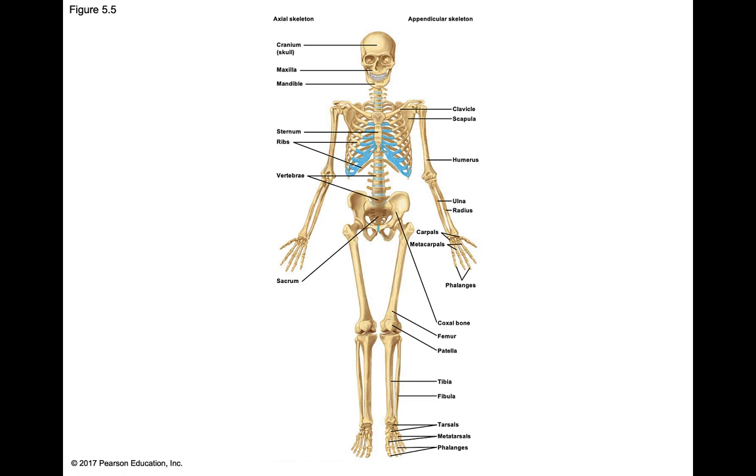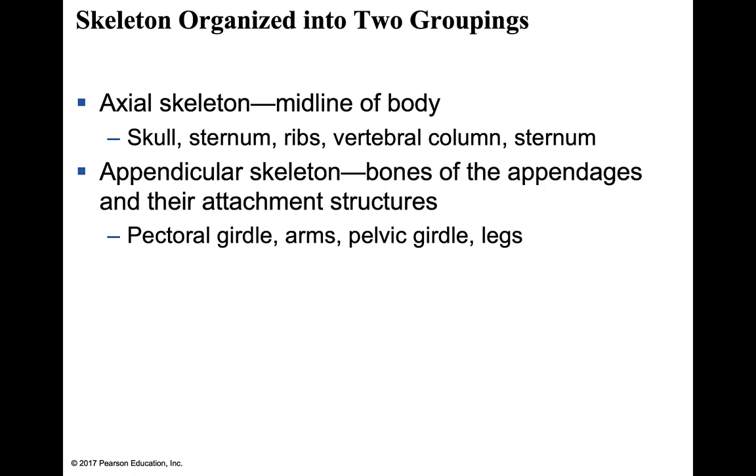And the list I would use would be here. You should be able to identify these bones as either belonging to the axial skeleton or the appendicular skeleton. Now, the axial skeleton, that's the midline, and as noted, it's made up of the skull, sternum, ribs, and vertebral column. If we look at the appendicular skeleton, those are the bones of the appendages and their attachment structures.